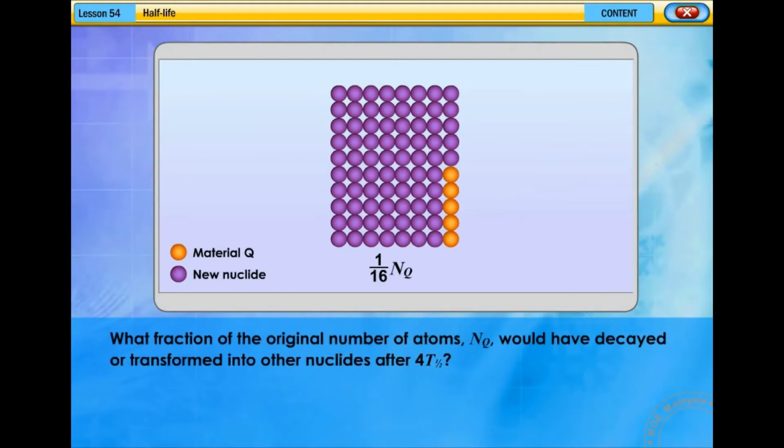What fraction of the original number of atoms, NQ, would have decayed or transformed into other nuclides after 4 half-lives?